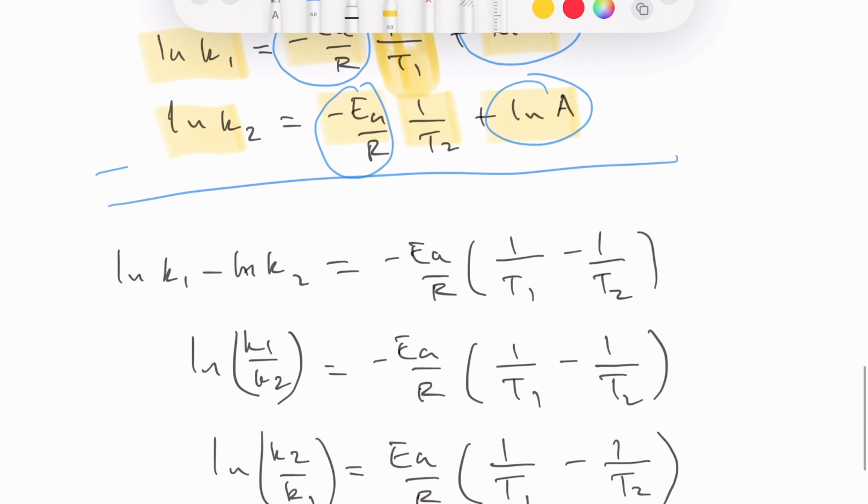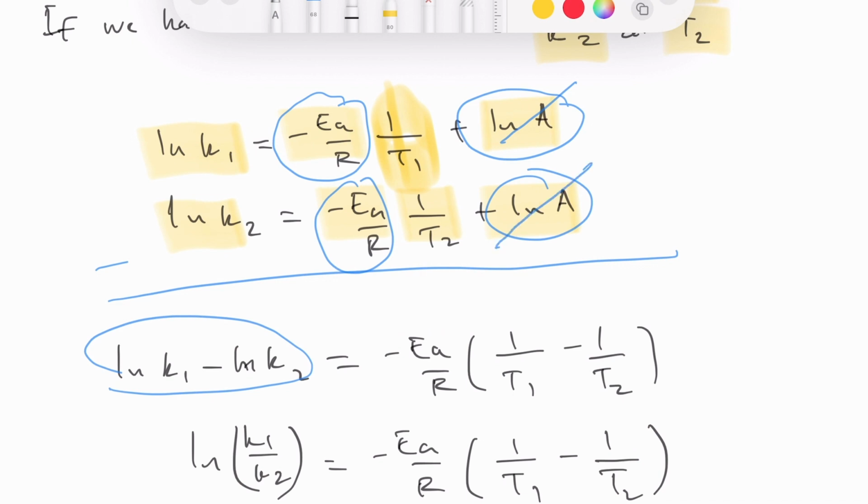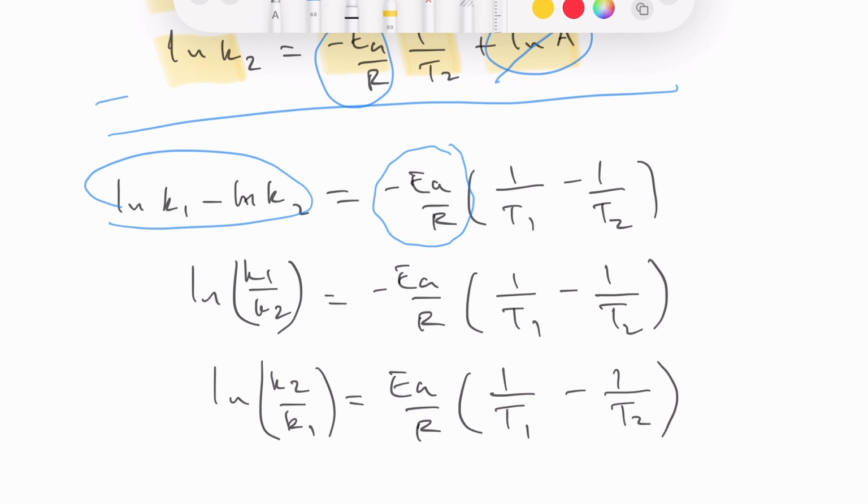Now, once you have these two equations, in algebra, you can just subtract one from the other. If I do that, I get ln of k1 minus ln of k2 on the left side. On the right side, ln A will just cancel away because I have plus ln A minus ln A. Then I can factor out the negative Ea over R and put in parentheses 1 over T1 minus 1 over T2. Hopefully that makes sense. Then we can combine ln k1 minus ln k2 and express it as ln of k1 over k2.